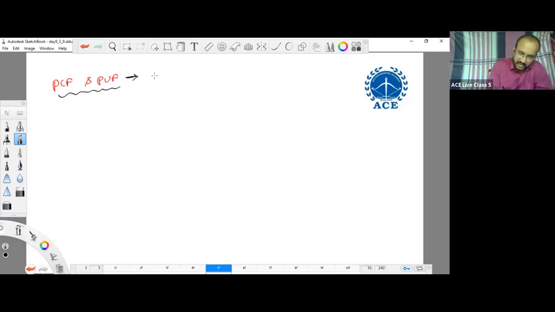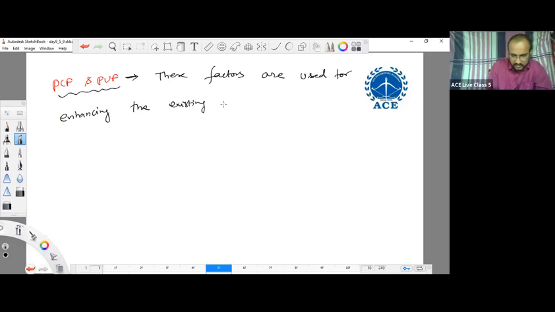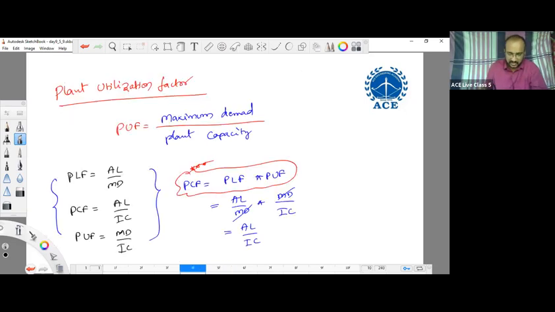These factors are used for enhancing the existing system capacity. That means how much capacity to be added to the existing system can be decided by plant capacity factor and plant use factor.